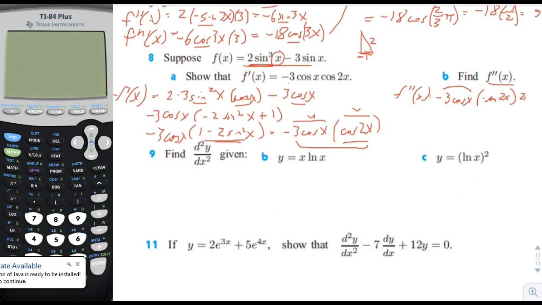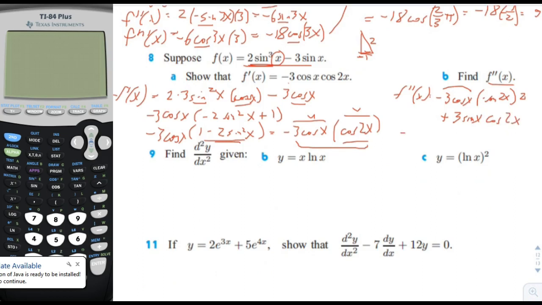Okay? And then we add that to u dashed, which would be negative 3 cosine x. The derivative of that would be negative 3 times negative sine x, which would be positive 3 sine x. That's u dashed, and then we multiply it times v, which is cosine 2x.